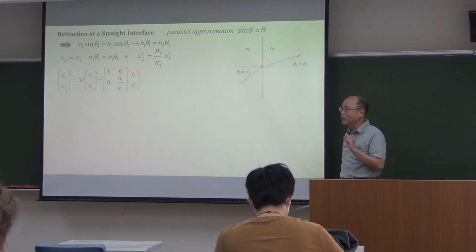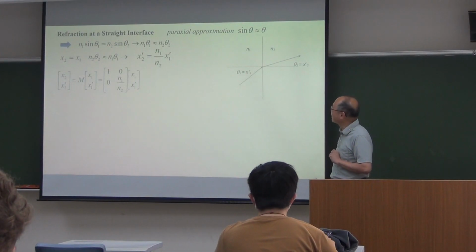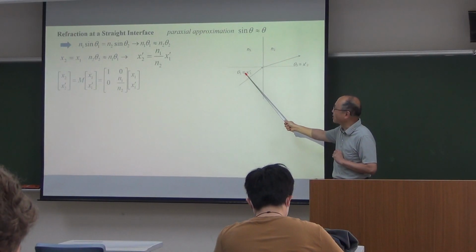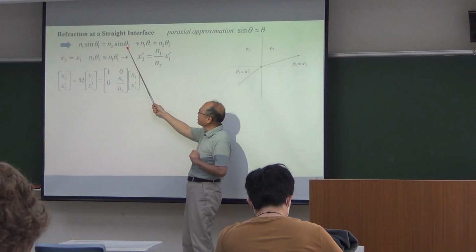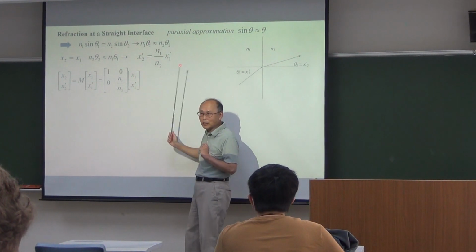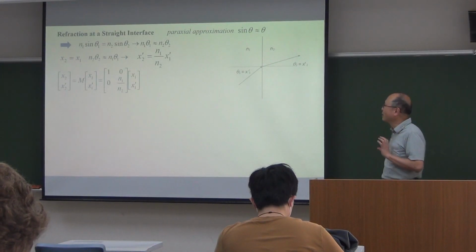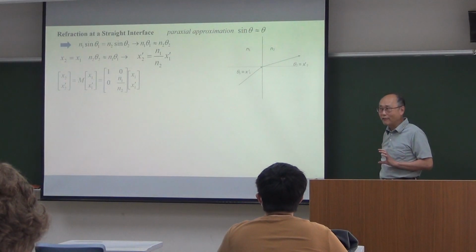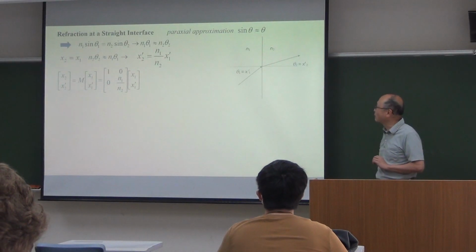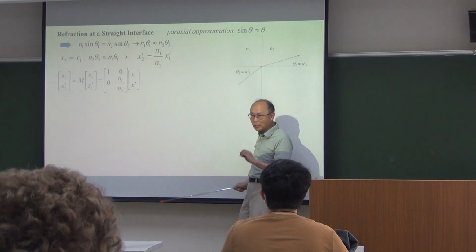If the light ray is close to this axis, then for a small angle, tangent theta can be approximated as theta, and sine theta can be approximated as theta. That is because we want to analyze an optical system in a linear fashion. We adopt this approximation, and we call this the paraxial approximation.